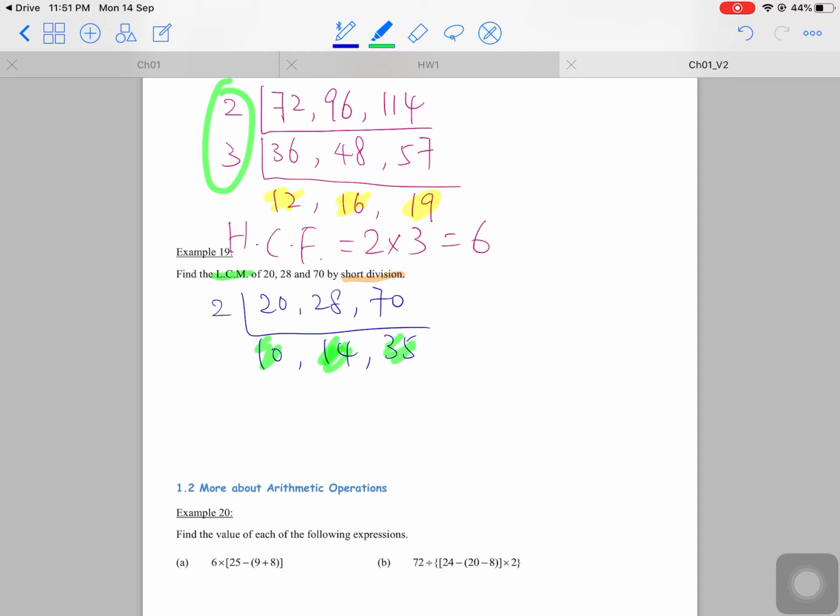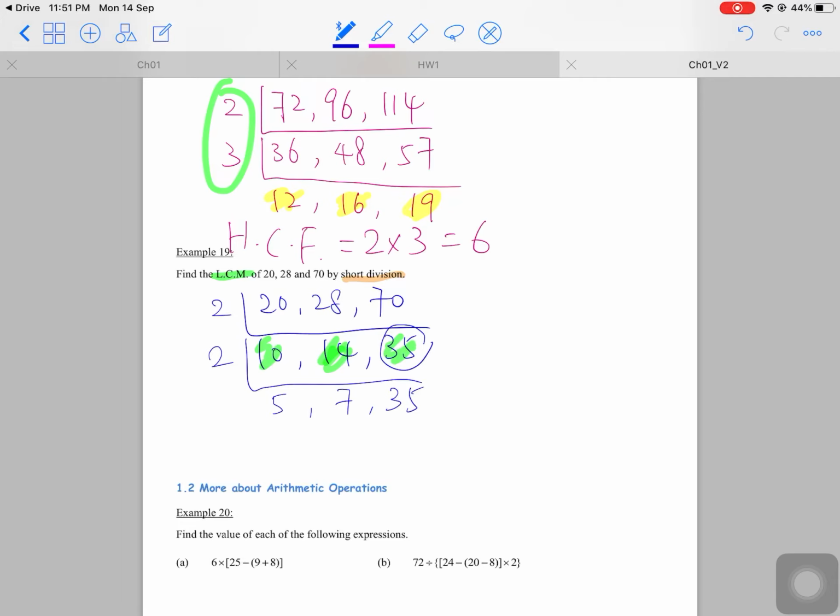But to find the LCM, you need to compare any two of the numbers to see any common factor, and take it out again. For example, I compare 10 and 14. I still have the 2, so I take out the 2. Here is 5, here is 7. For 35, you don't have common factor 2, so you just write 35 again.